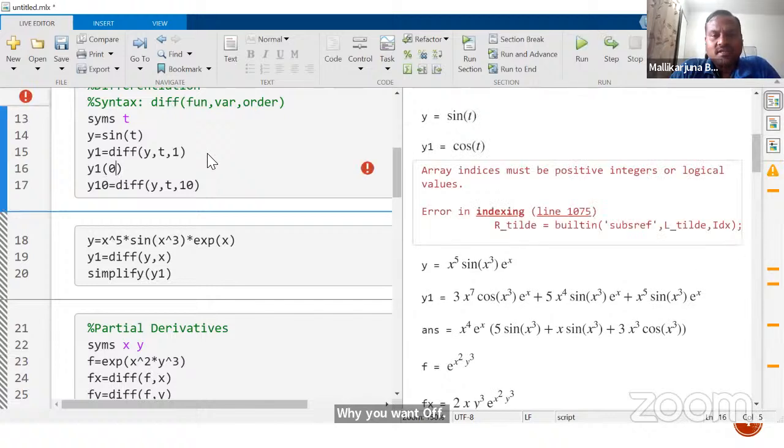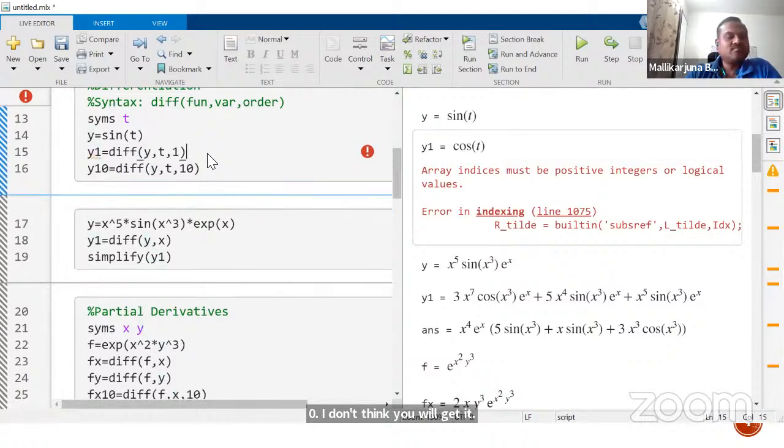I don't think you will get it. The reason is, someone asked to put only one equal sign in place of the other.